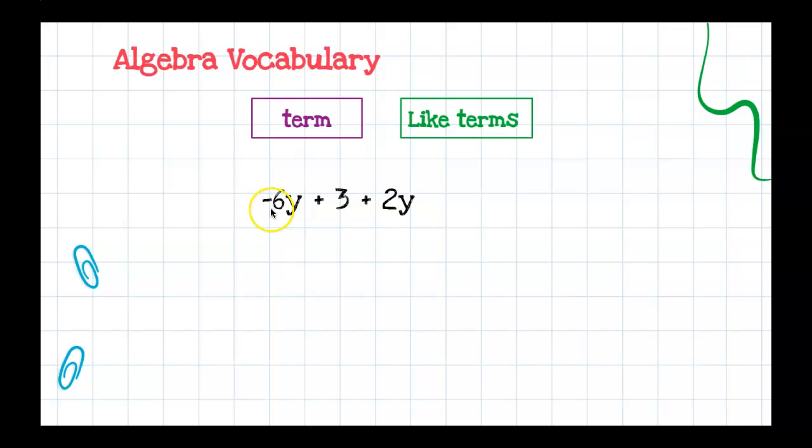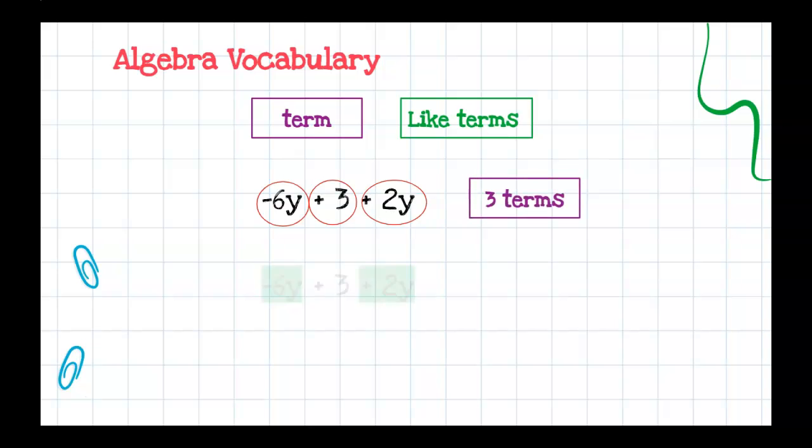So what you have to do is just follow the operational symbol. Here I'm going to use a circle. That's the first term, and then the second term is the +3, and then the third term is +2y. So in this expression, there are a total of 3 terms.